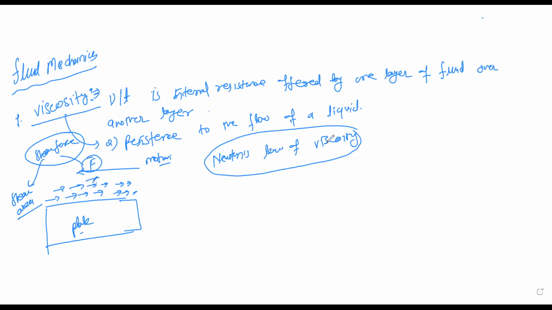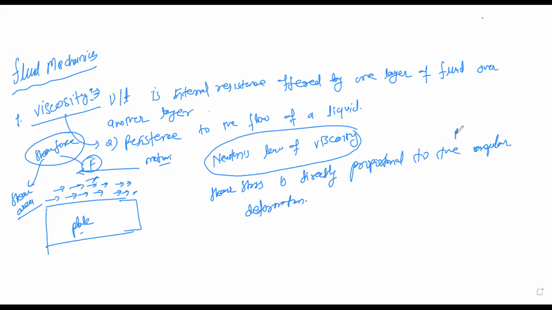So Newton's law of viscosity says that the shear stress is directly proportional to the velocity gradient, or angular deformation. That is, the rate of angular deformation or rate of shear strain.